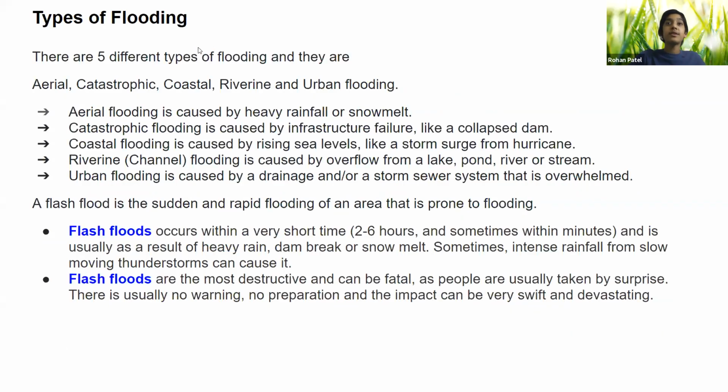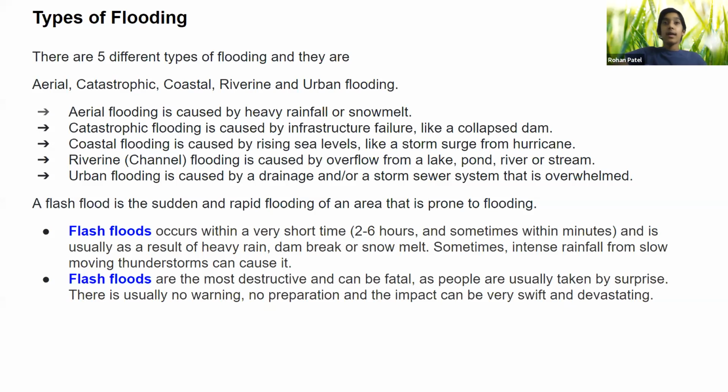There are 5 different types of flooding, and they are aerial flooding, catastrophic flooding, coastal flooding, riverine flooding, and urban flooding. Aerial is caused by heavy rainfall or snowmelt. Catastrophic flooding is caused by infrastructure failure, such as a collapsed dam.